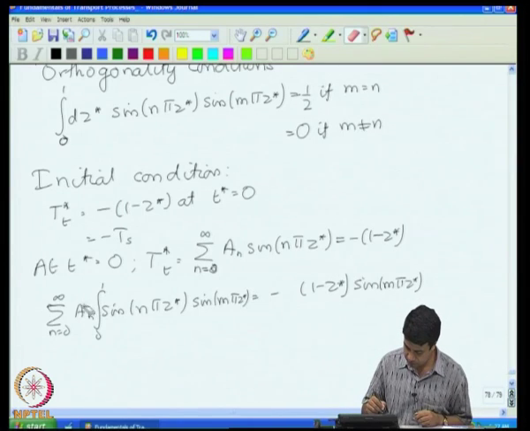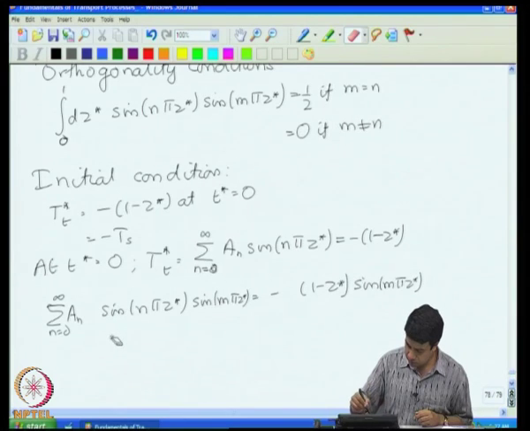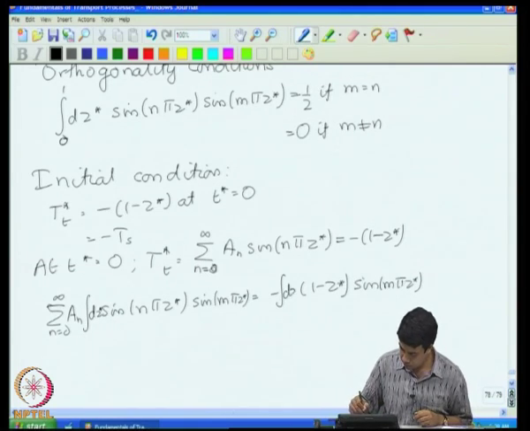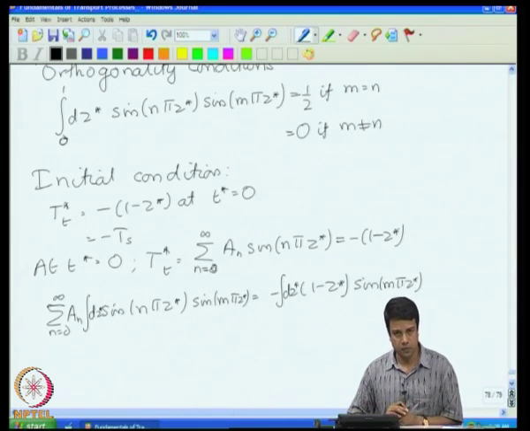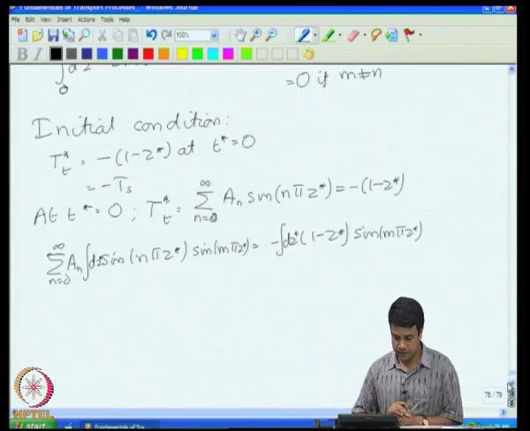So, I multiply by sine of m pi z on both sides of the equation, and I integrate from 0 to 1. On the left hand side, what do I get?